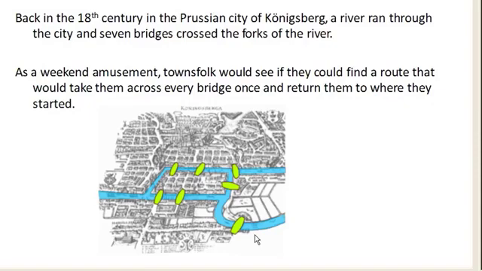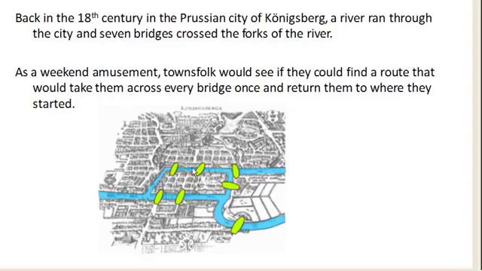Leonhard Euler was sort of the father of this branch of mathematics called graph theory, and he analyzed this problem, and kind of like we're doing, introduced a graph into this situation. So let's see if we can do that here. What we really care about is the bridges.